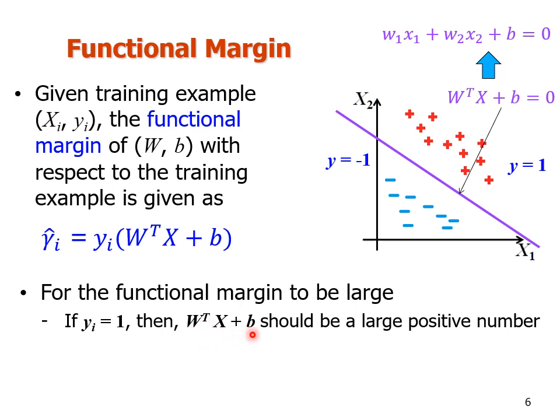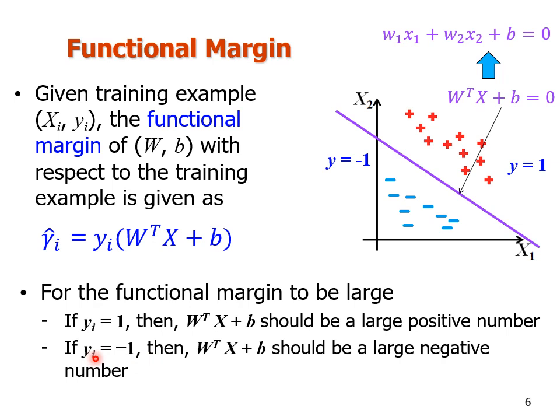Conversely, if yi is equal to -1, then for the functional margin to be large, we need w transpose x plus b to be a large negative number.